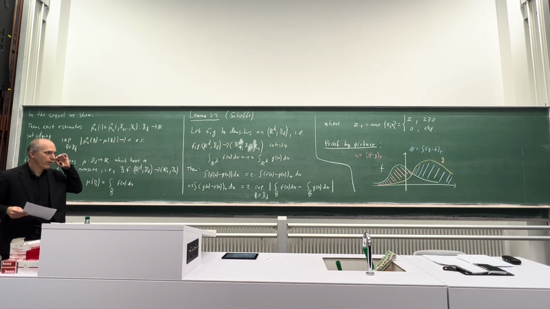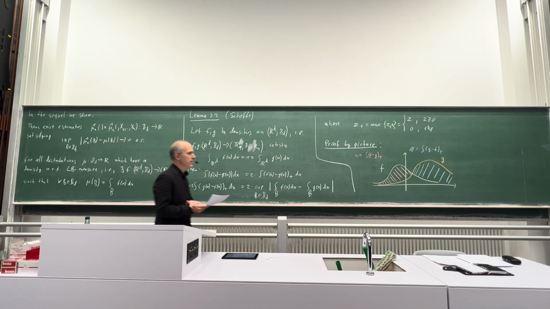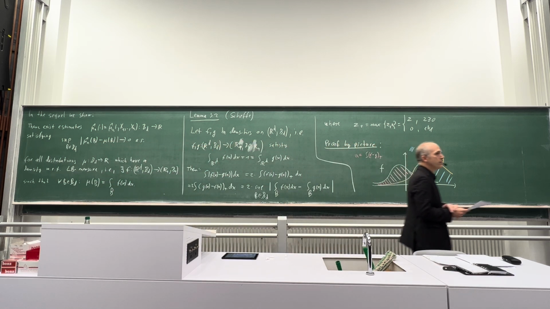And if you look at the L1 distance, what is the L1 distance? Maybe someone else this time? What's the L1 distance between f and g? So the integral over absolute value of f of x minus g of x. The sum of the two, yeah?